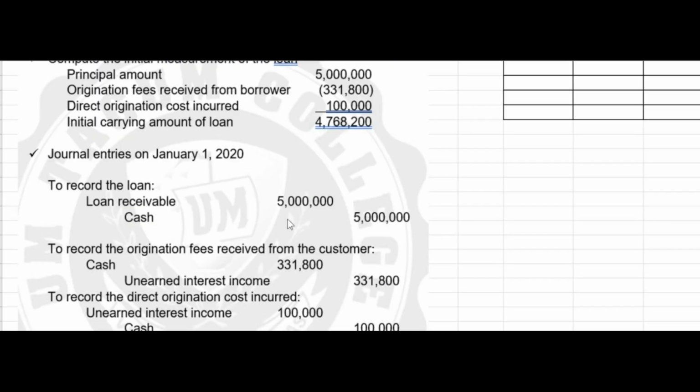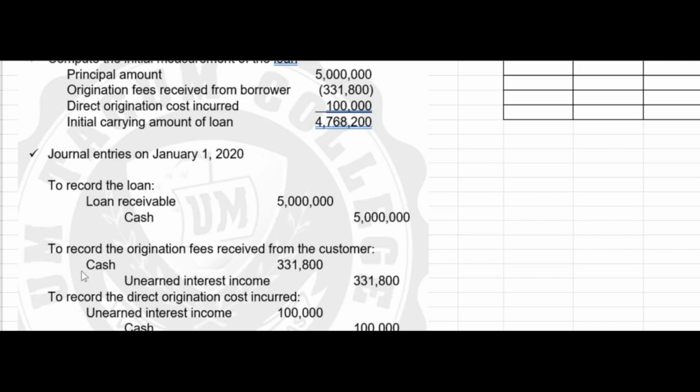To record the transaction, first is the release of the 5 million amount. You have a debit to loan receivable, 5 million, credit to cash for 5 million. That's for the principal.